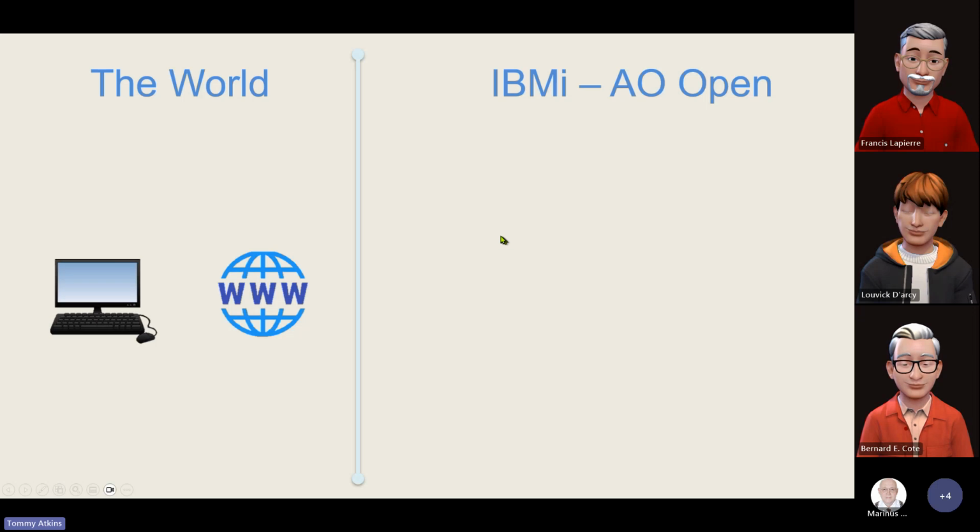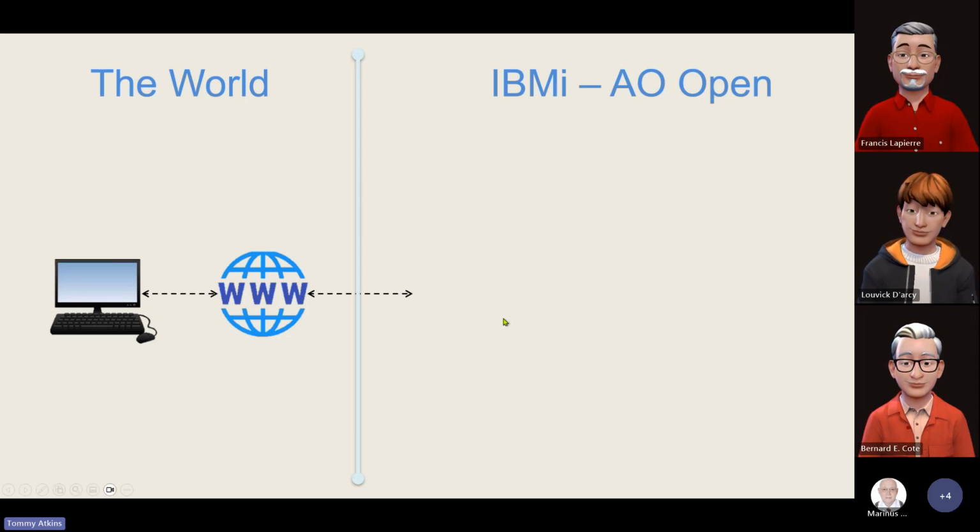That's the world which I don't like to play in because it's too complicated for an old man like me. But I do know that from your terminal or your PC, you communicate to the World Wide Web, and then the World Wide Web communicates to the HTTP server, as you saw earlier, and that passes control to what we've chosen to call the JSON driver.